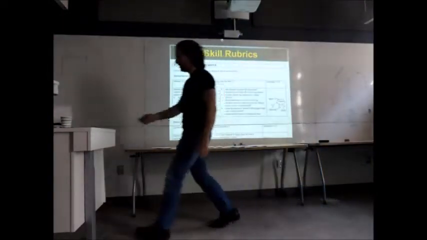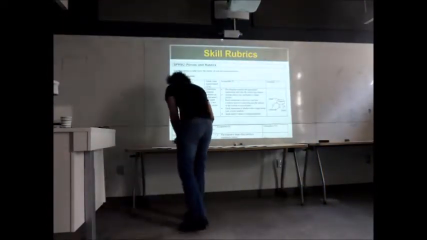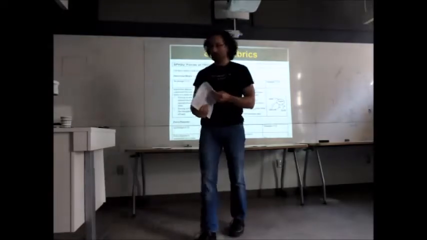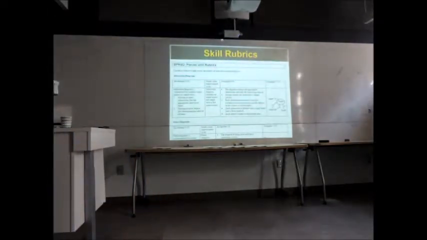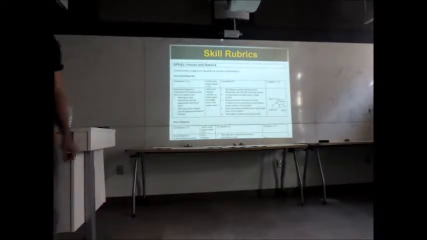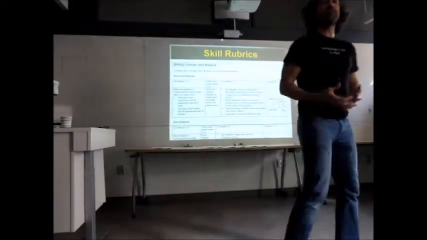Another thing that we do is we use skill rubrics. So this is an idea that I got from Eugenia Etkina. She's an American physics education researcher, and it's another attempt on my part to try to help students look at their own work with a more critical eye. Because once again, I was always frustrated.